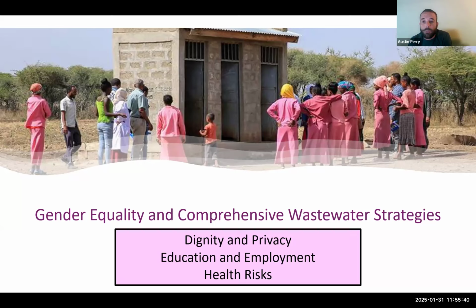If you decide you don't want to work there anymore because you're getting harassed, you don't go to work. All of these things impact the money coming in, the education levels, and the sustainable development trajectory of those communities. So one of the things that we're looking towards in working for the International Code Council and the standards is how can we implement some level of dignity and privacy for women? How do we keep them in school and in the workforce?